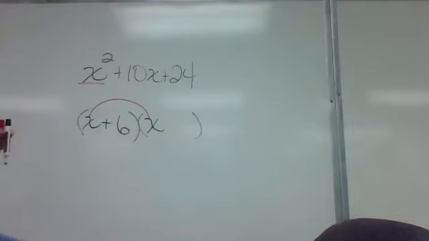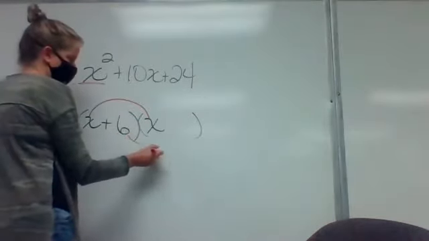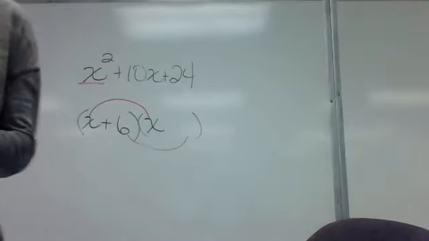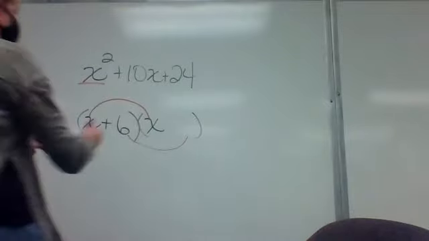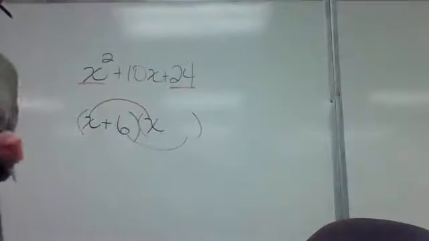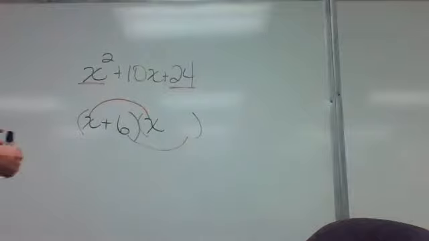Now, let's think about the last part of FOIL. When you multiply this number times that number. So now we're going to figure out that missing term. This missing term needs to multiply to 24. So what do I need to fill in?